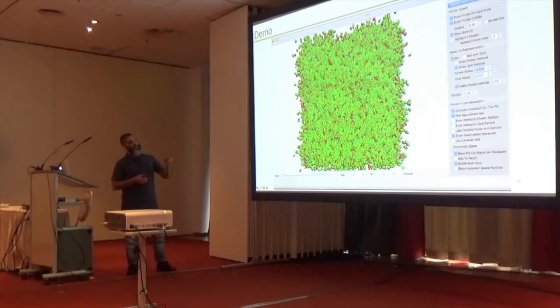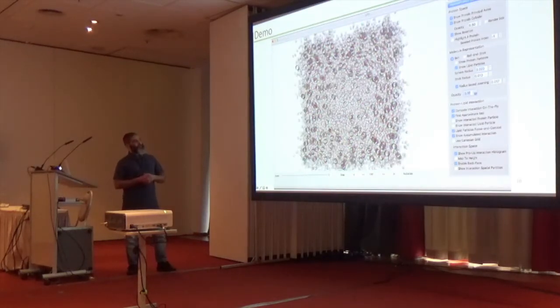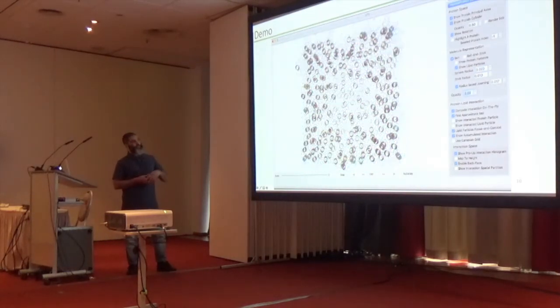Focus and context can also be used with the visualization to get information about the lipid itself.